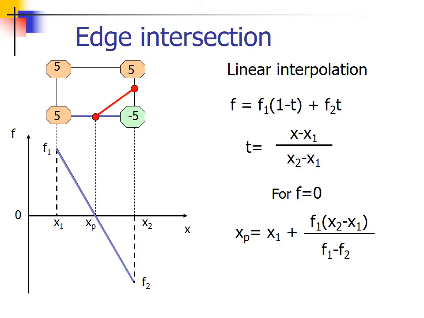For searching the intersection point on the edge of the cell where function f is equal to 0, linear interpolation can be employed. On this slide the edge is marked by blue color. The parametric equation for the line segment using 2 points x1 and x2 can be constructed as shown on this slide. The intersection point xp can be found by solving this linear equation.